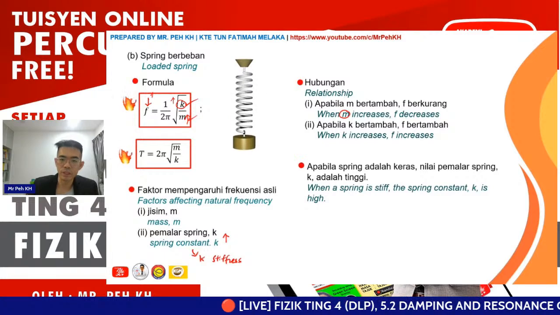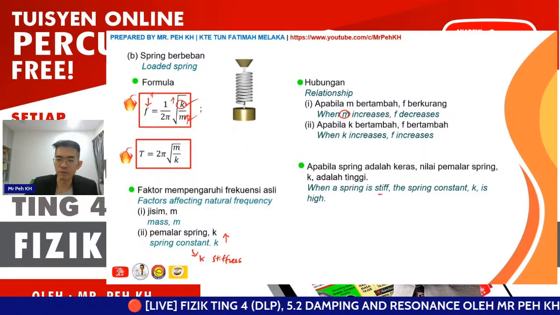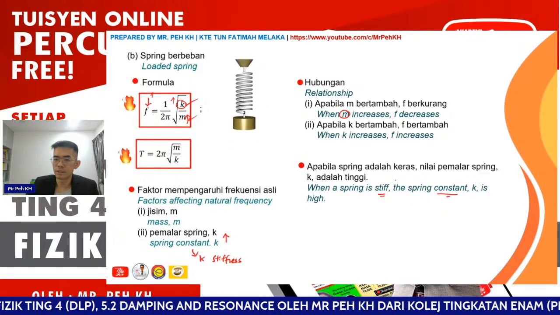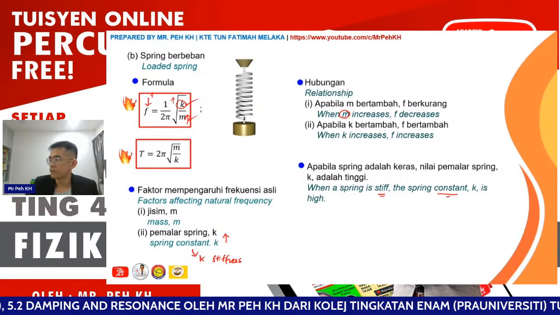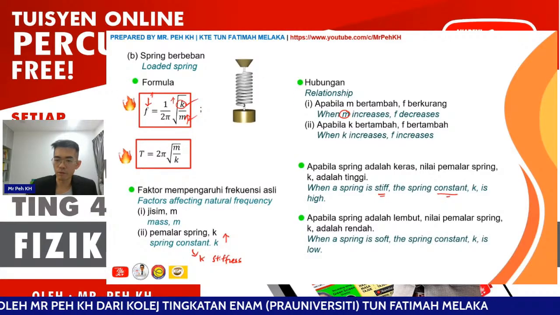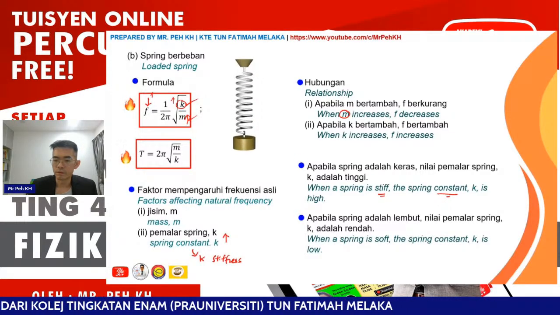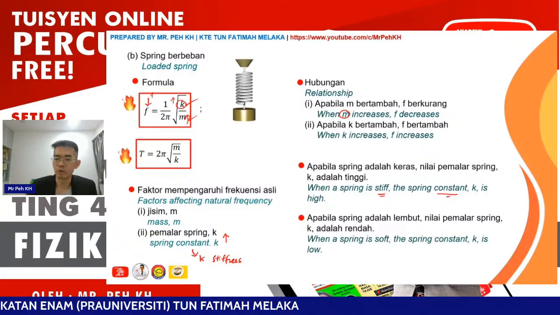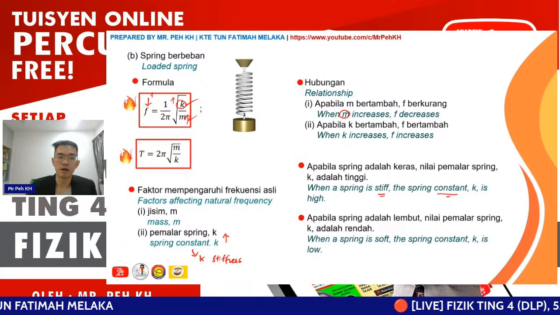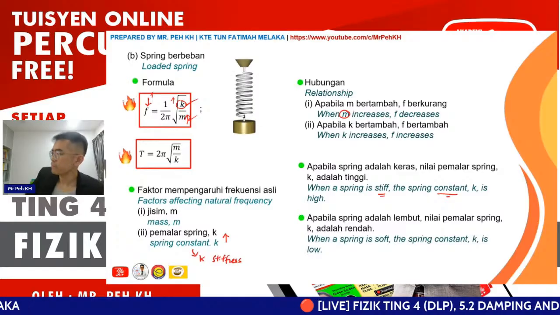When a spring is stiff, the spring constant is high. When a spring is soft, the spring constant is low. This affects the frequency of the loaded spring.